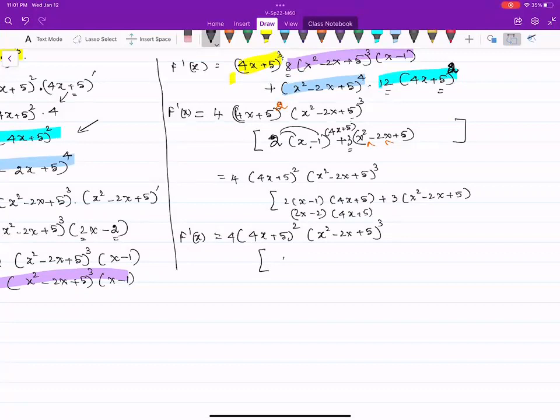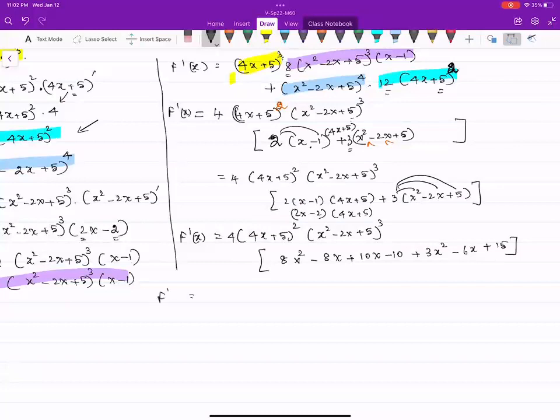If you FOIL, that will become 8x squared minus 8x plus 10x minus 10. Then this part is just 3x squared minus 6x plus 15.